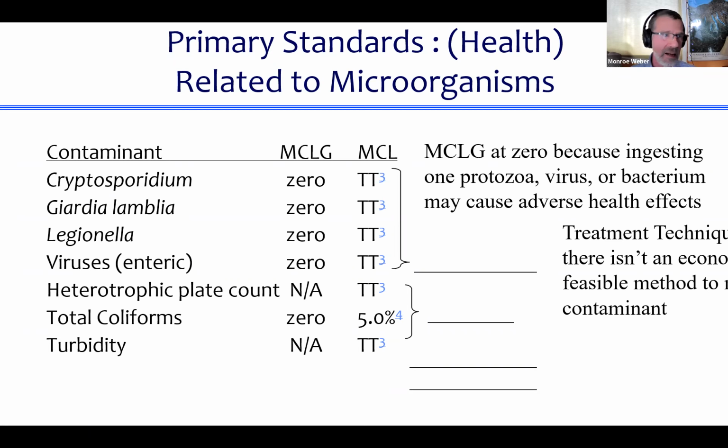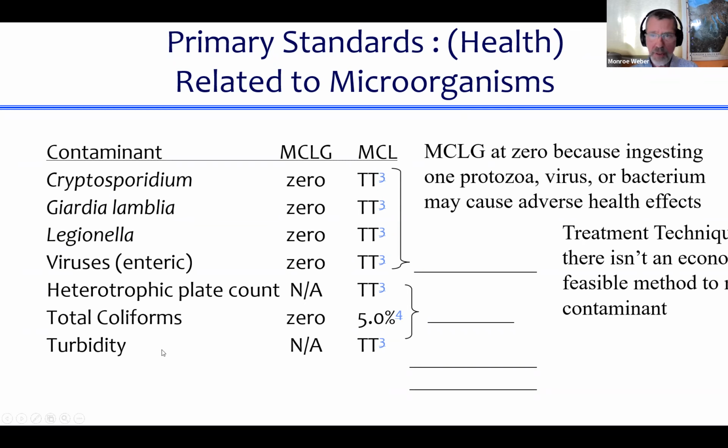EPA would like there to not be any Cryptosporidium at all in the water that we drink, and the same for Giardia and Legionella and for enteric viruses. So that's the goal that EPA sets, and I like those goals, especially because for Cryptosporidium and Giardia in particular, ingesting one is potentially enough to make you sick. So I would really not like to be exposed to any of them.